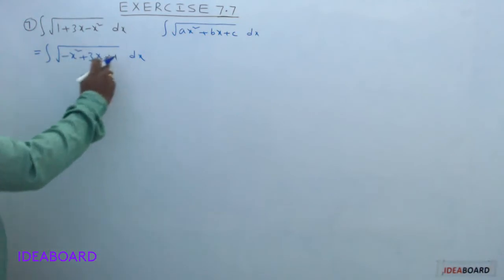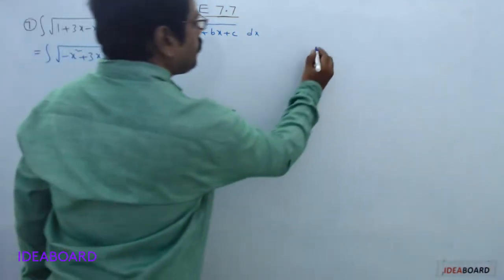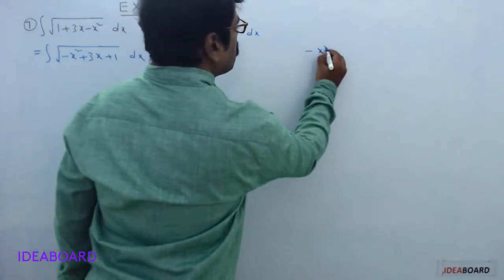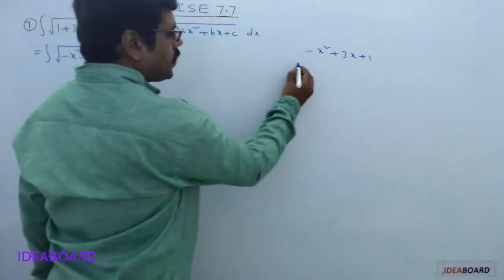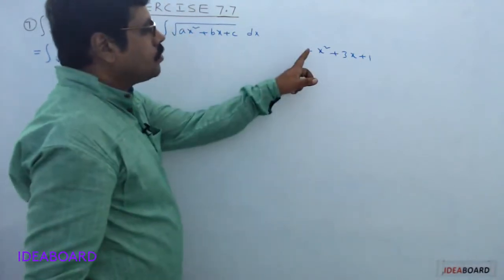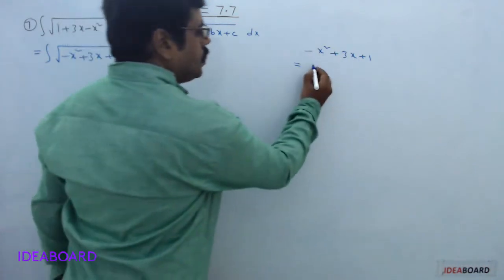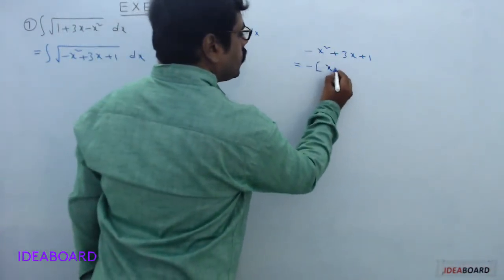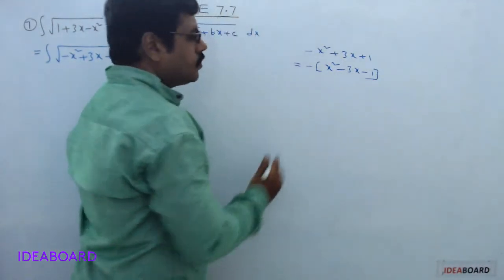Now take the expression minus x square plus 3x plus 1. It is minus x square plus 3x plus 1. Now take the common factor minus 1 from these three terms. It is minus of x square minus 3x minus 1.